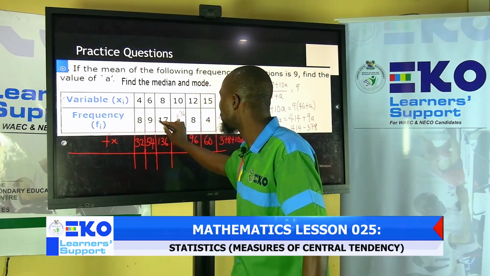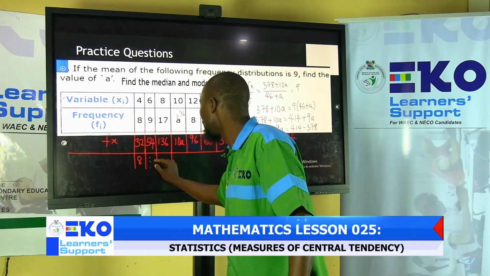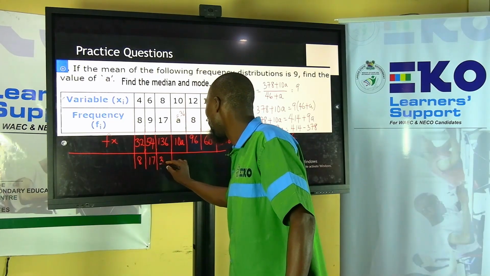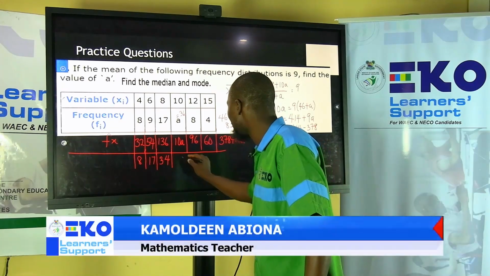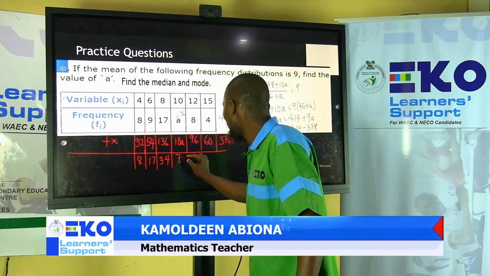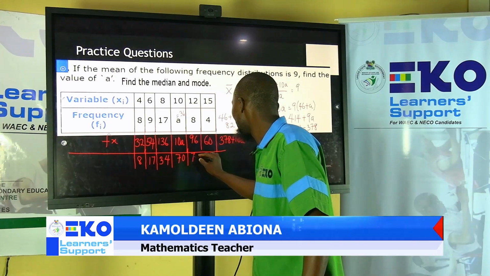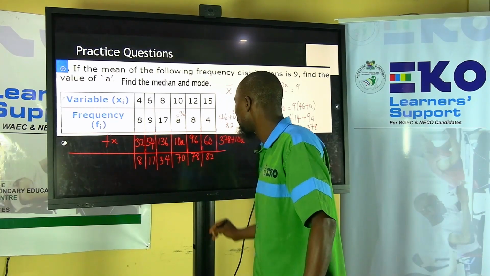Cumulative frequency: we start from here, it is 8. 8 plus 9 is 17. 17 plus 17 is 34. 34 plus 36 is 70, then 78 and 82. The middle of 82 is 41.